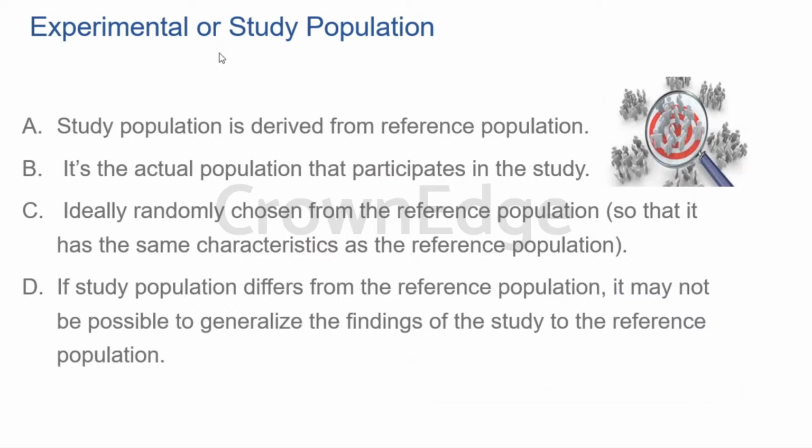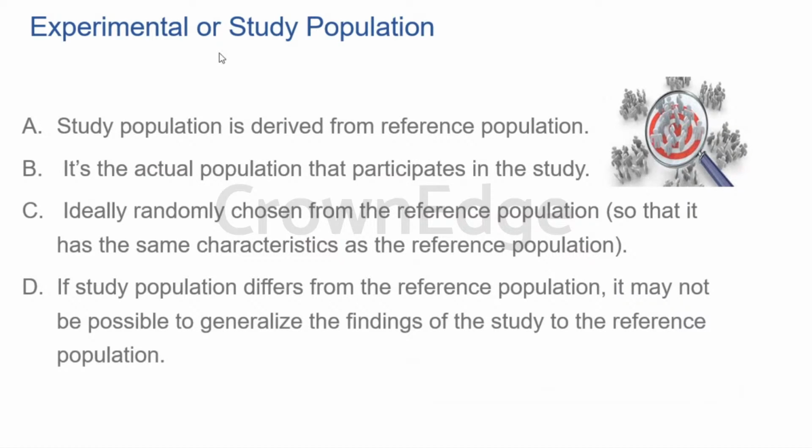Experimental or study population is derived from the reference population. It is the actual population that is going to participate in your study, and it is ideally chosen randomly from the reference population. That is why we have different random sampling methods: probability sampling methods and non probability methods.